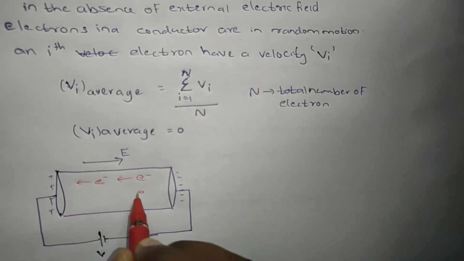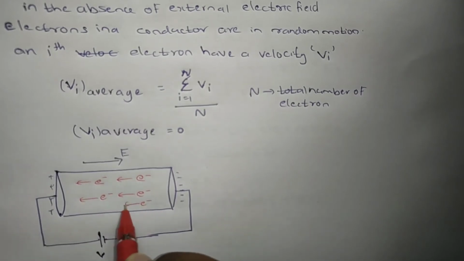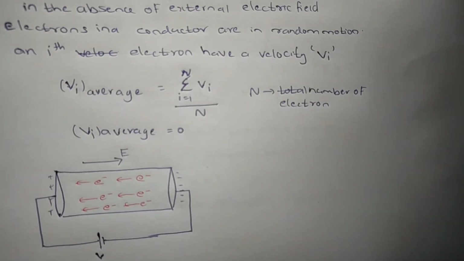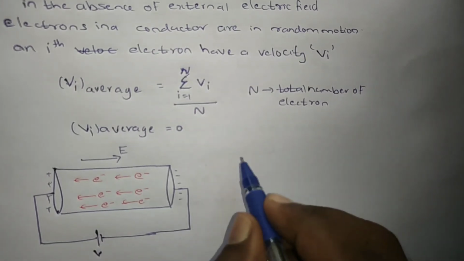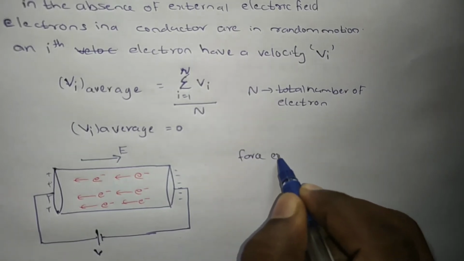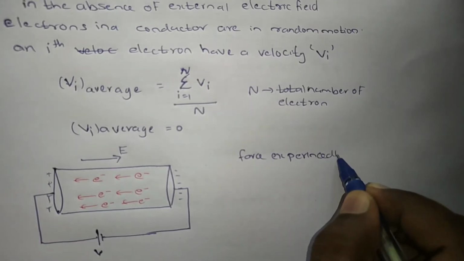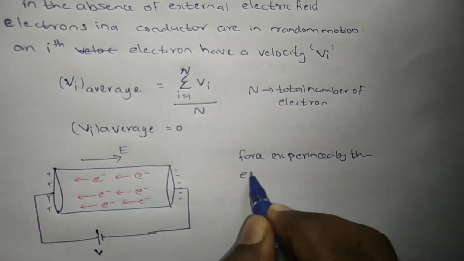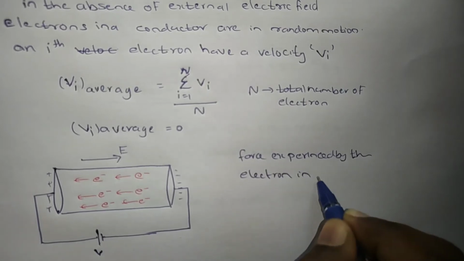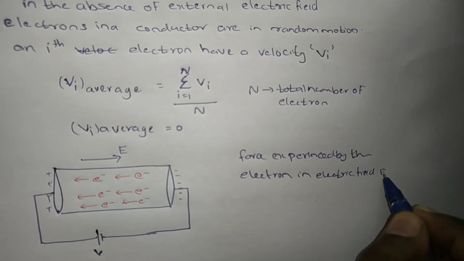Why are they shifted? Because these electrons are now in the external electric field and will experience a force. What is the force experienced by the electron in electric field E?